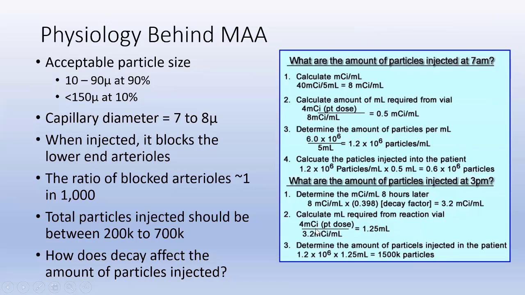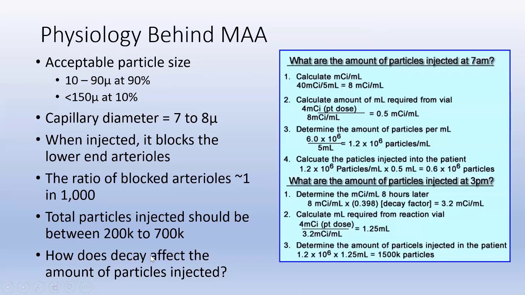Now I take the 4 millicurie dose divided by 3.2. I now come up with 1.25 ml of solution that I need to pull off my MAA vial. If I have 1.2 times 10 to the 6 particles per ml and I multiply by 1.25 ml, I'm injecting 1,500 K particles, or 1.5 million particles, into that patient, which more than doubles the theoretical amount that I should give.